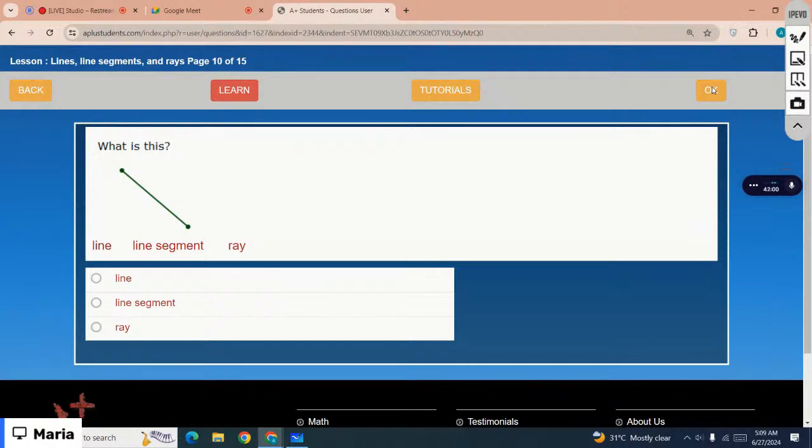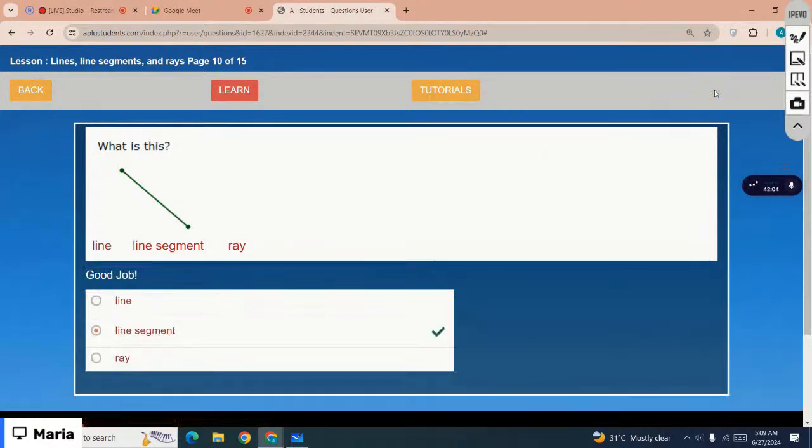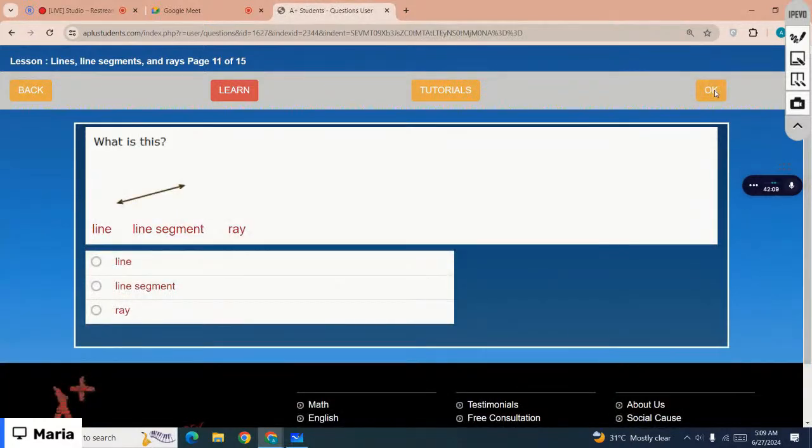Yes, line segment it is. What is this, line, line segment, or ray?